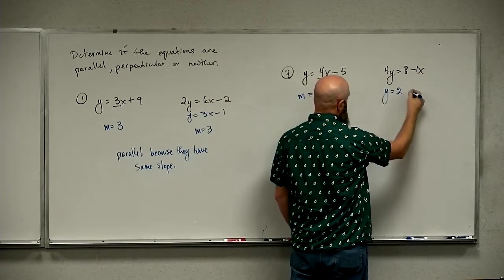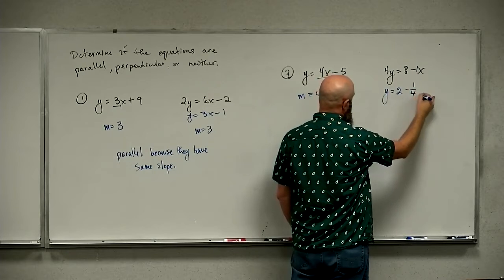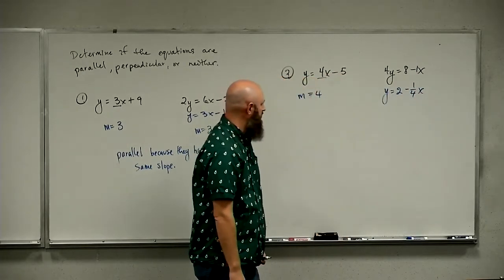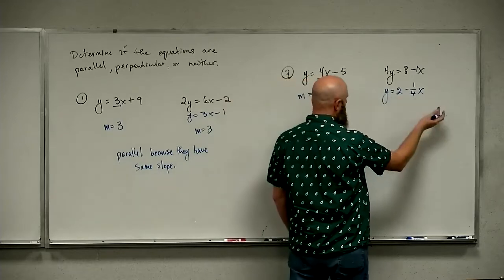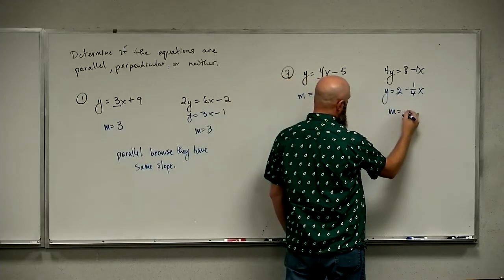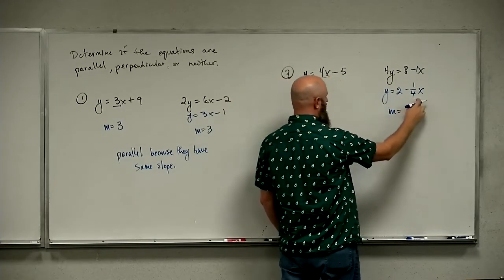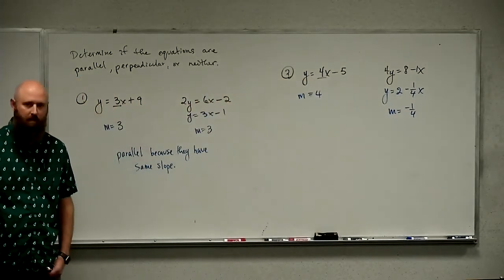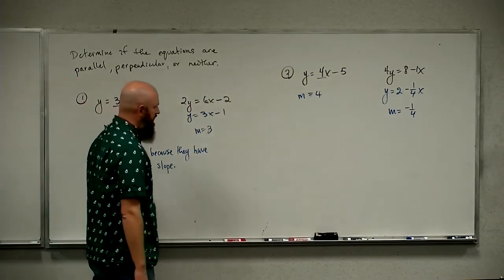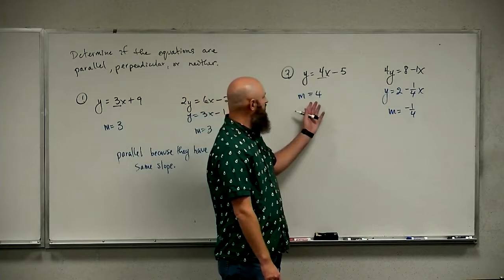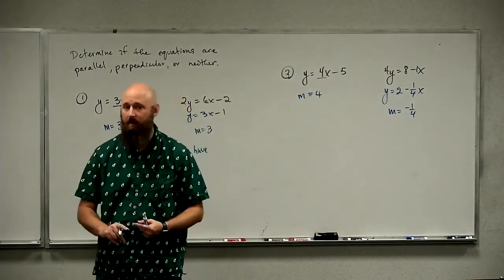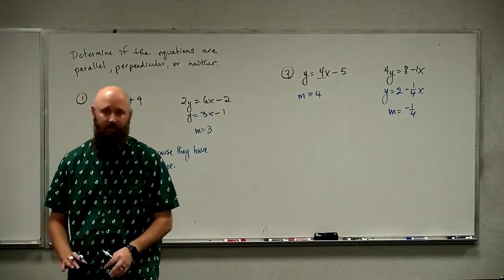Remember, that's a negative 1, so negative 1 over 4x. Okay. Now that does mean, even though it's written a little bit differently, that my slope is negative 1 over 4. Always remember to take the sign in front of it with those things. Now, when we look here, we have 4 and negative 1 over 4. They are not the same. We automatically know it's not parallel.